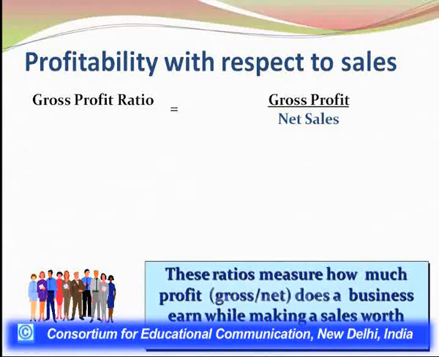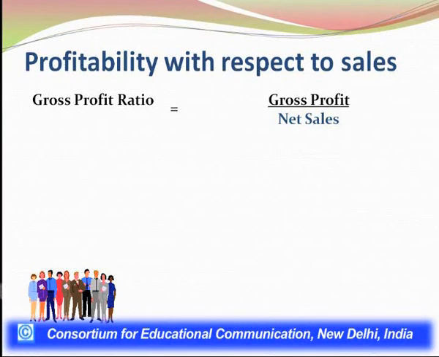Moving forward, we will be discussing a few more ratios pertaining to profitability, and after that we will discuss in detail the overall profitability of this particular company. The next ratios I am going to discuss are gross profit ratio, operating profit ratio and net profit ratio.